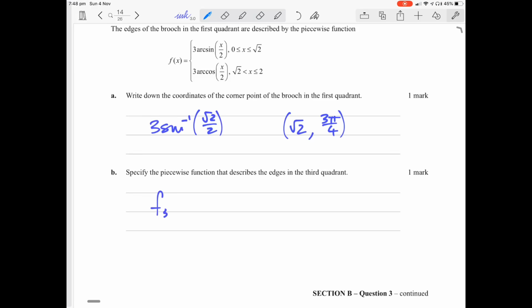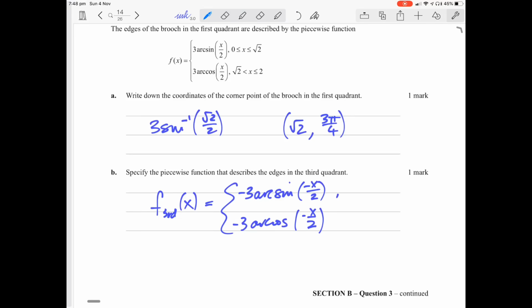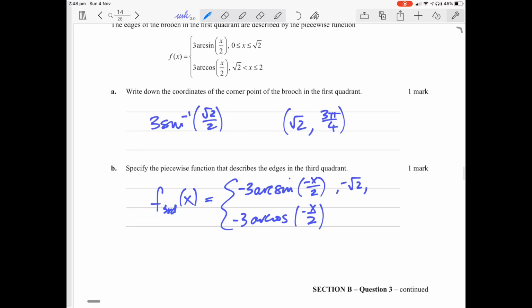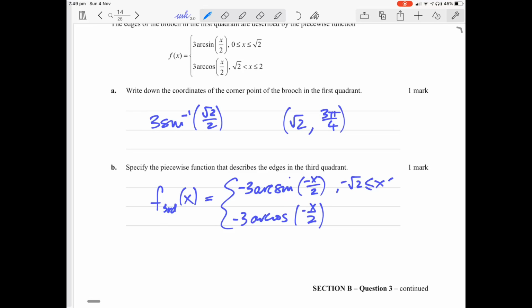Okay, so f of third, I'm going to call it, x is equal to negative 3 arc sine negative x on 2, negative 3 arc cos negative x on 2, for negative root 2 is less than or equal to x, which is less than or equal to 0, and negative 2 is less than or equal to x, which is less than 0.